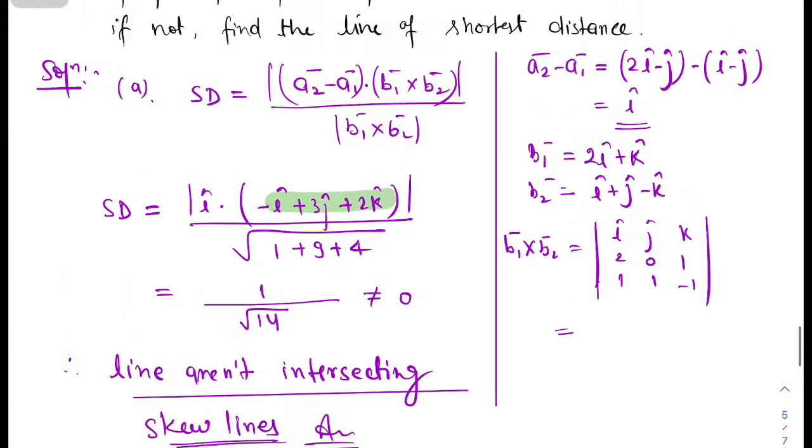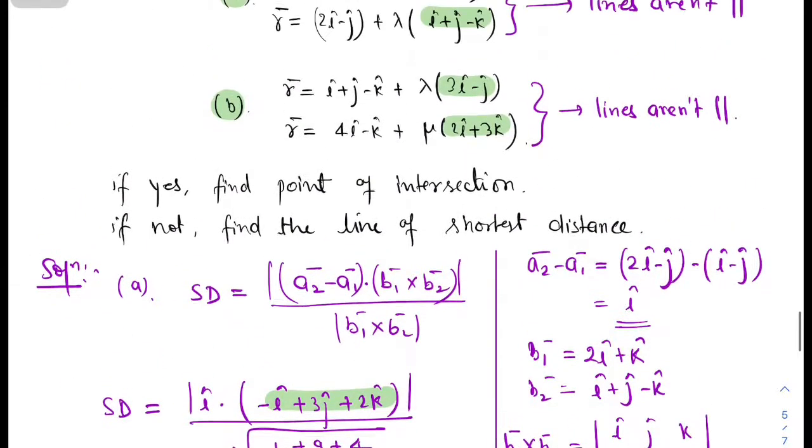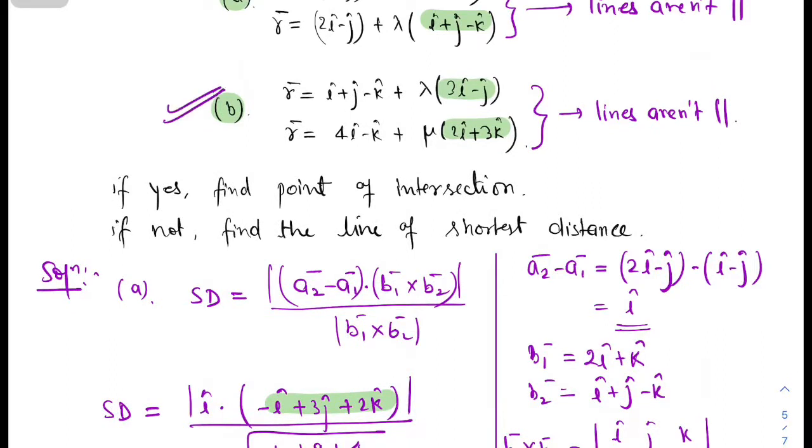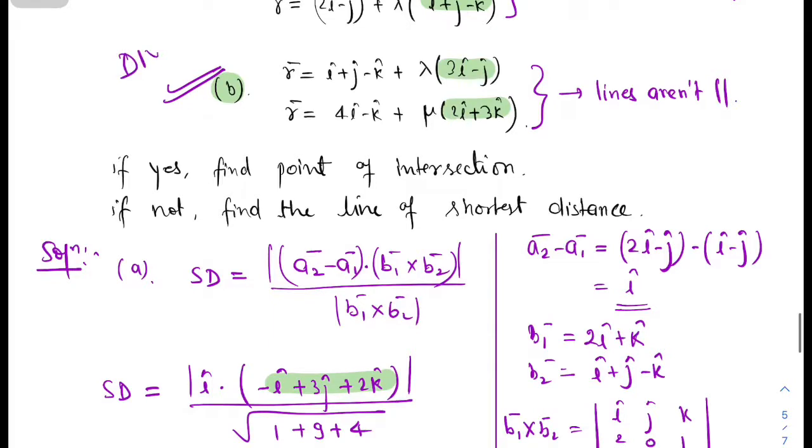Okay, you can check which type of lines the second set of lines are. These are also not parallel. If the shortest distance comes out to be 0, then these lines will be not parallel but intersecting. So you can do it by yourself.